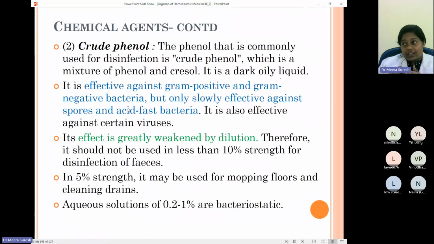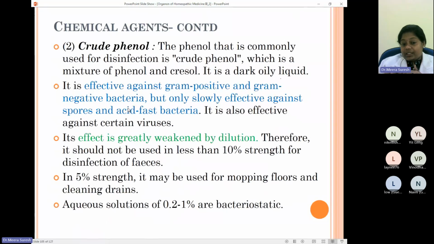So the one which causes leprosy and tuberculosis. It is also effective against certain viruses. Its effect is greatly weakened by dilution. Therefore, it should not be used in less than 10% strength for disinfection of feces. In 5% strength, it may be used for mopping floors, and also for cleaning drains.